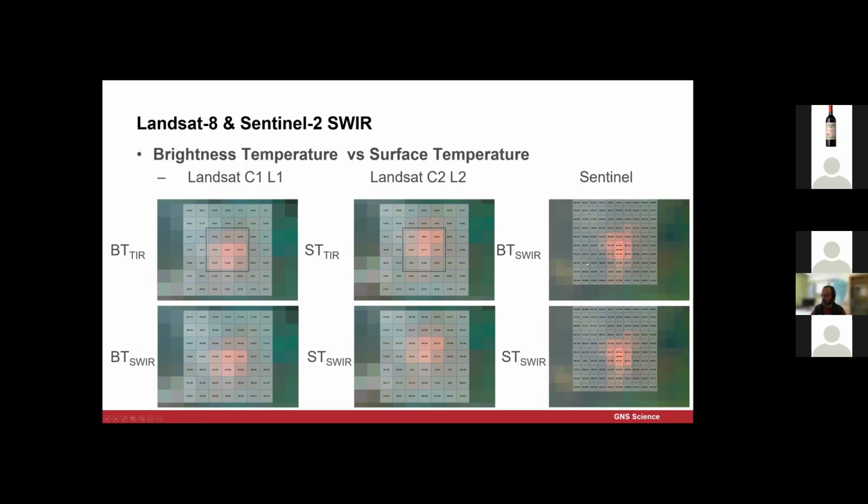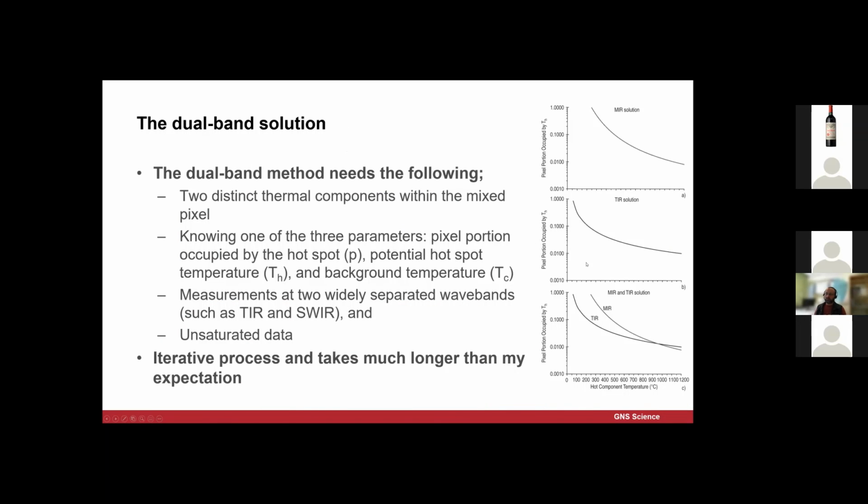So based on that, we have to apply a dual band solution, which is used when two distinct thermal components are available within a mixed pixel. We need to know one of three properties: the pixel proportion occupied by the hotspot.